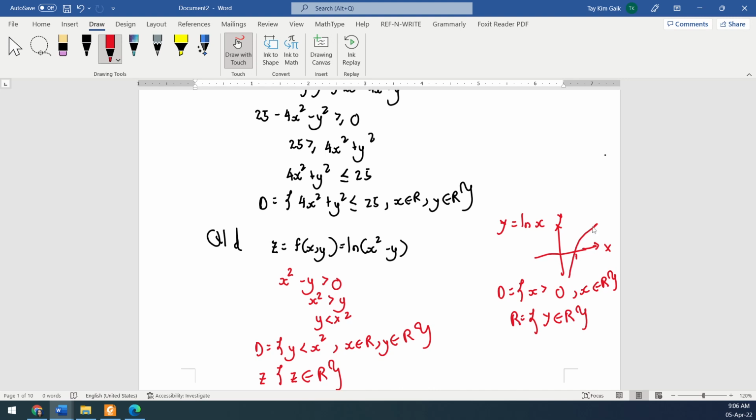The range for a function of one variable is the y, you can see the y from the graph. Domain is the x value for a function of one variable. So this is question 1d for z equal to ln(x squared minus y).